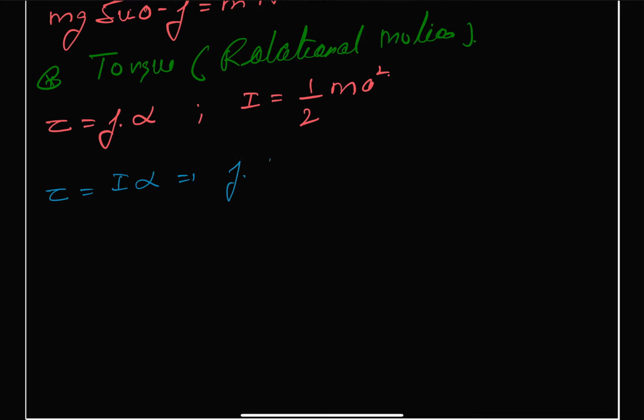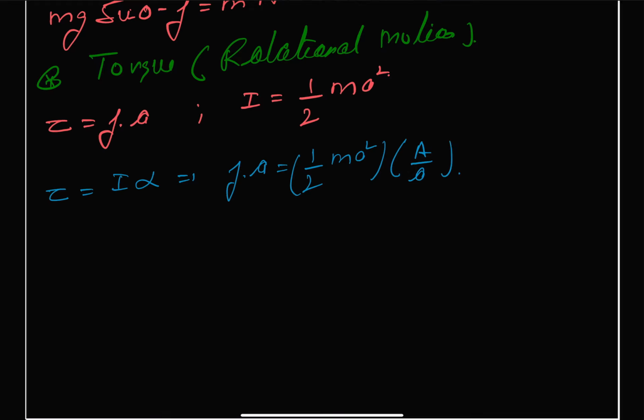So we can say f times a is equal to I, which is 1 by 2 m a square, multiplied by alpha, and alpha is our linear acceleration divided by the radius a.